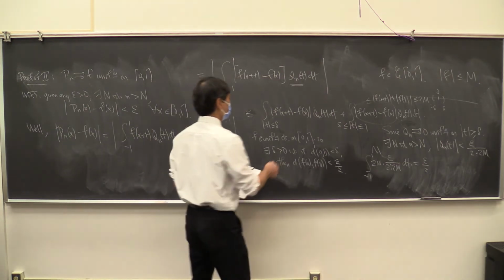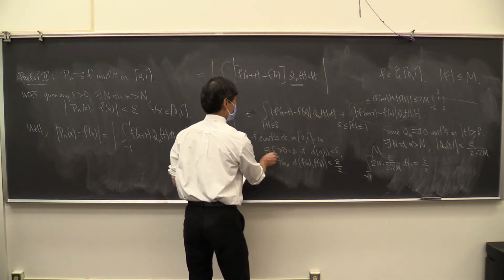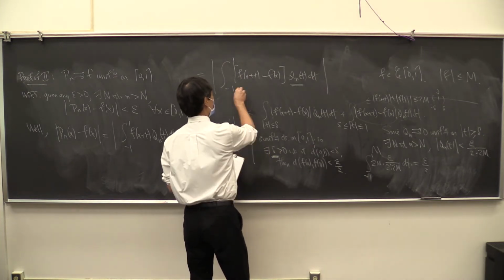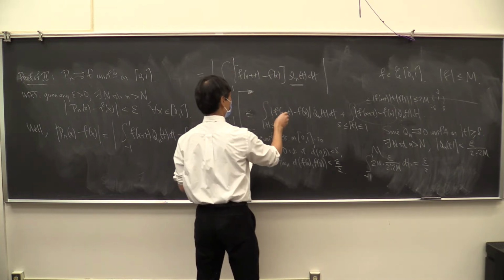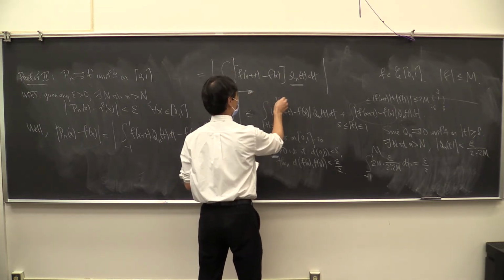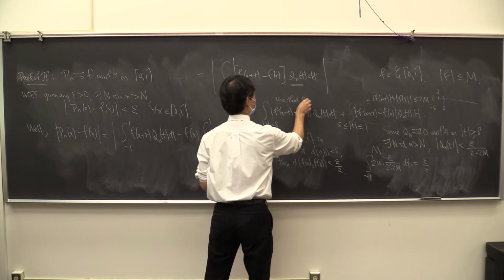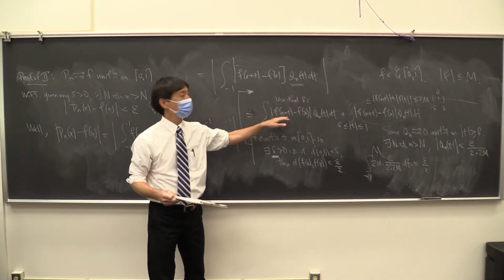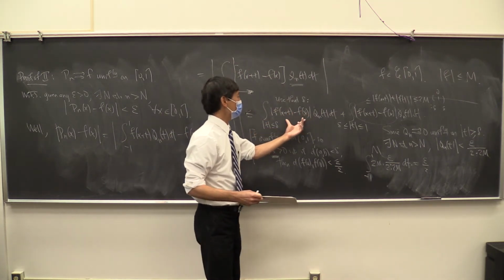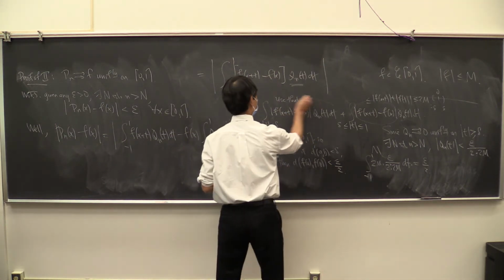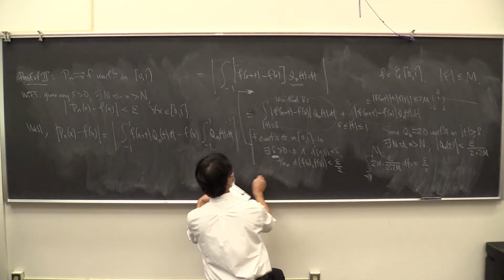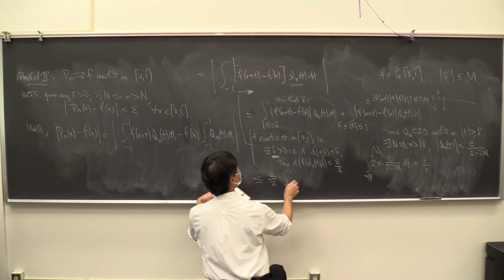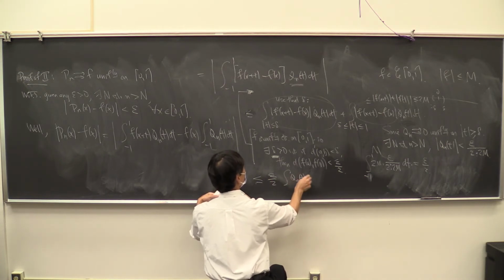Use that delta, and we break the integral into 2 parts, and we see that this thing is controlled by epsilon over 2 times the integral of q sub n of t dt.